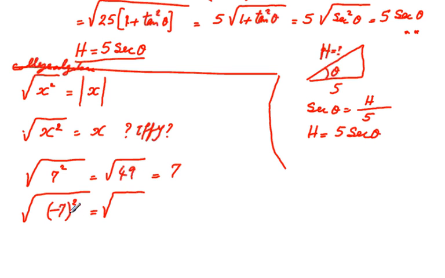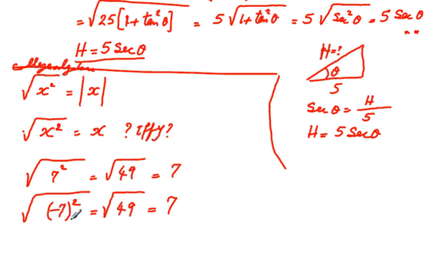When I square it, the minus evaporates. When I take the square root, what's the square root of 49? 7. It's not minus 7. This thing is telling you if I take the square of something, I end up exactly where I started. But that's not so. Because I started with -7, I ended up at 7. This is not what I started with.